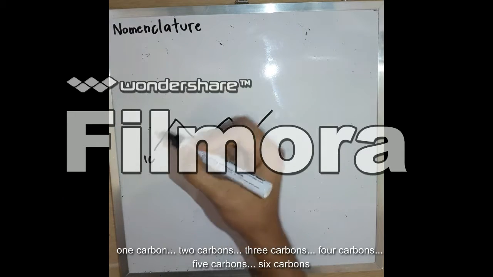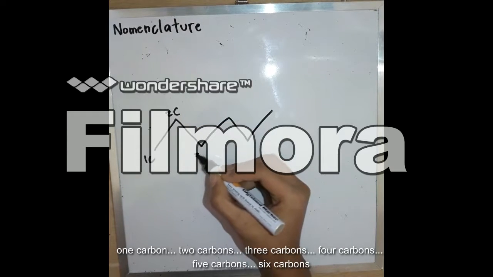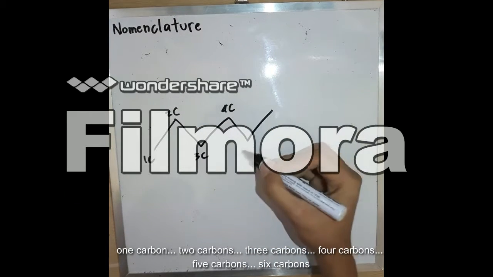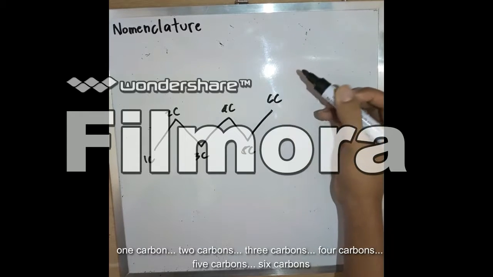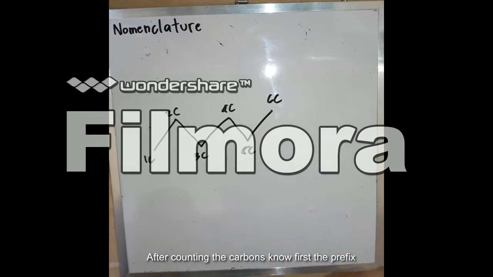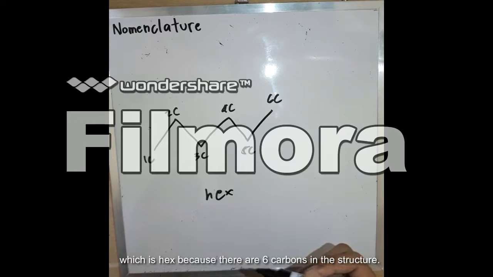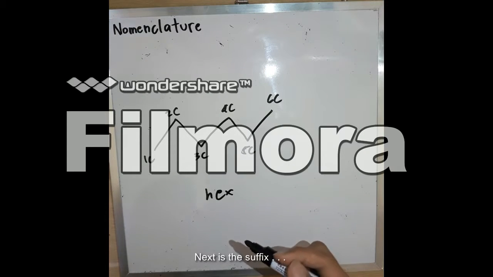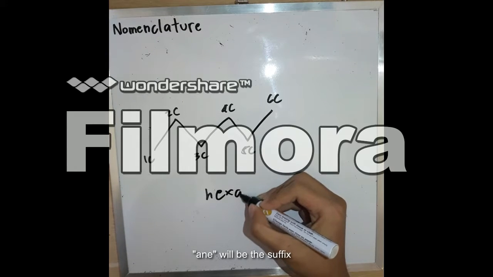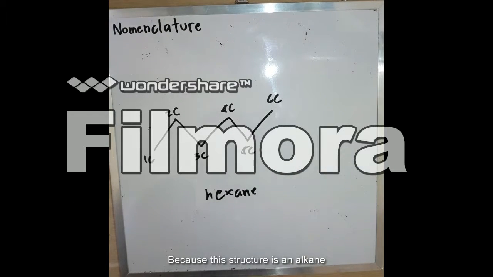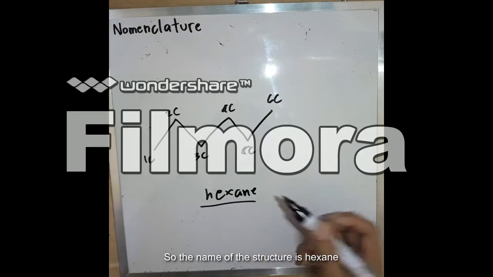So 1 carbon, 2 carbons, 3 carbons, 4 carbons, 5 carbons, 6 carbons. After counting the carbons, know first the prefix, which is hex, because there are 6 carbons in the structure. Next is the suffix. Ane will be the suffix because this structure is an alkane. So the name of the structure will be hexane.